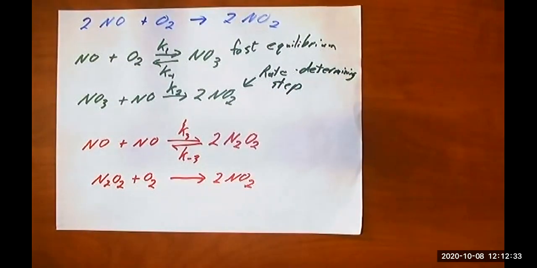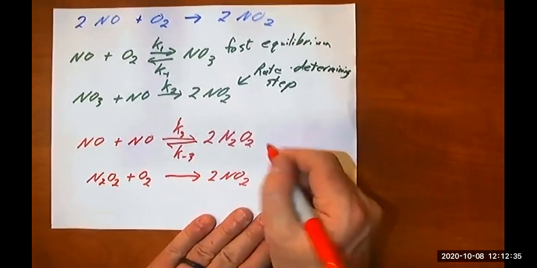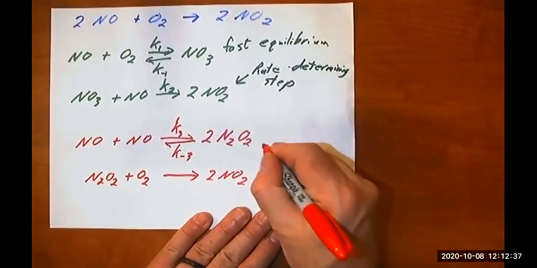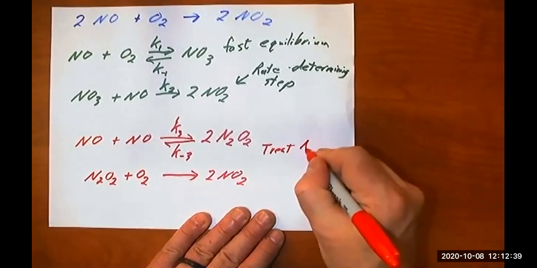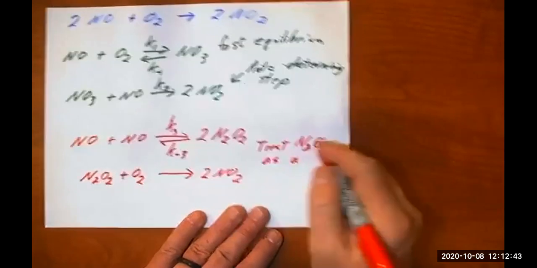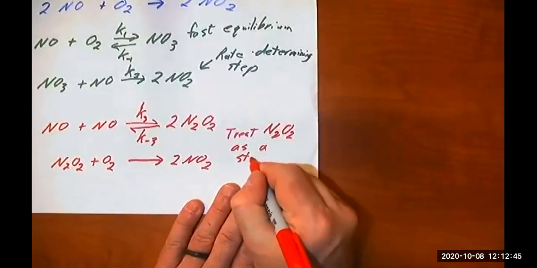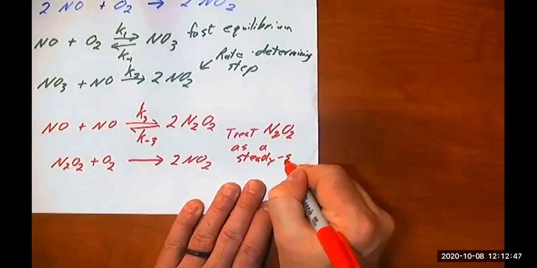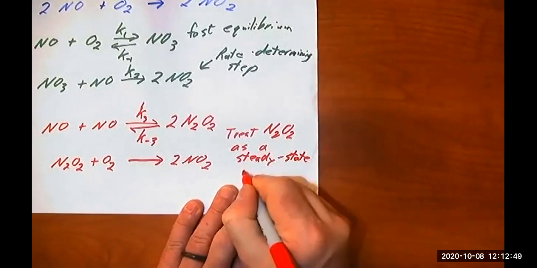And we are told as well in this case to treat N2O2 as a steady state intermediate.